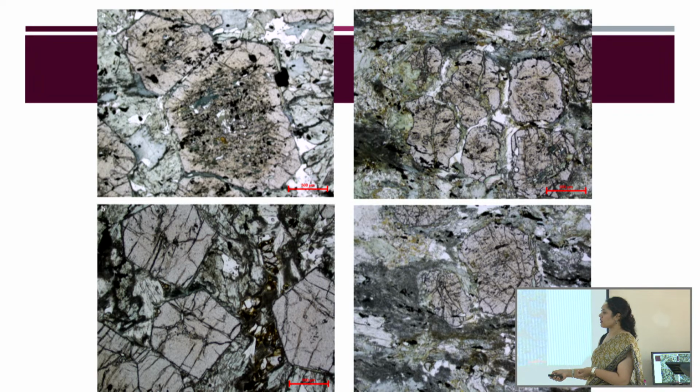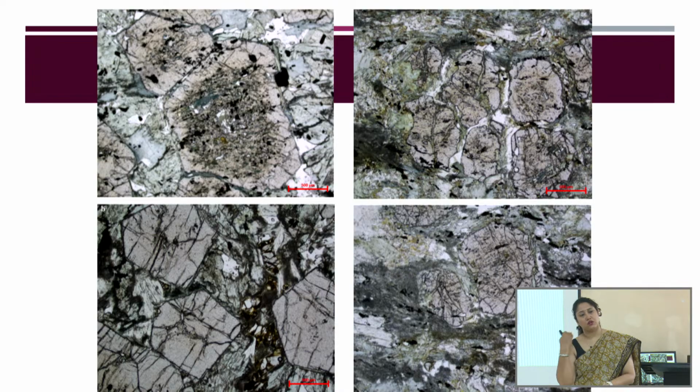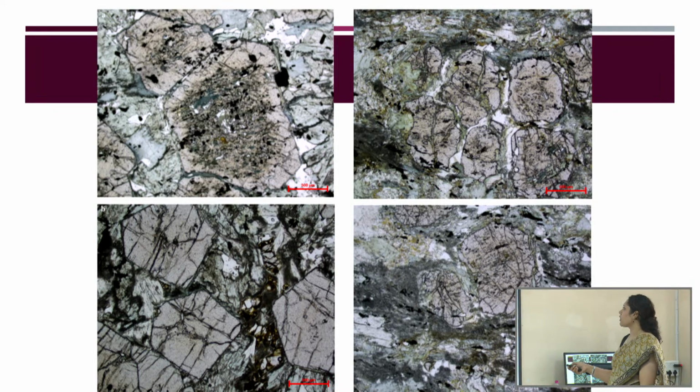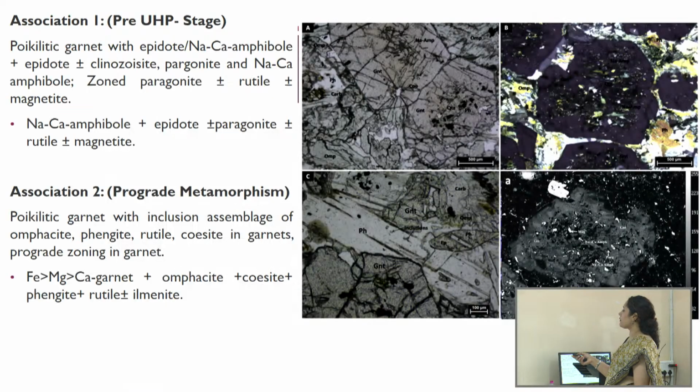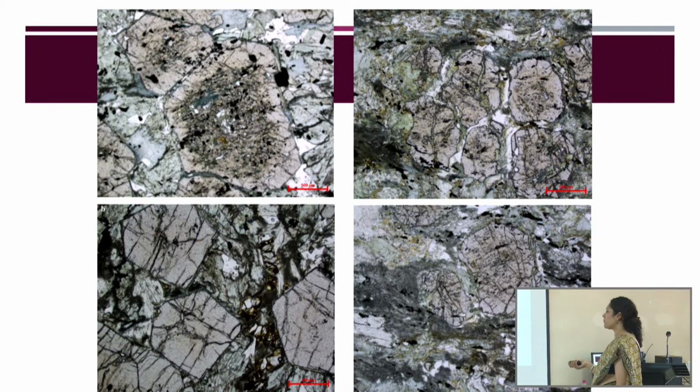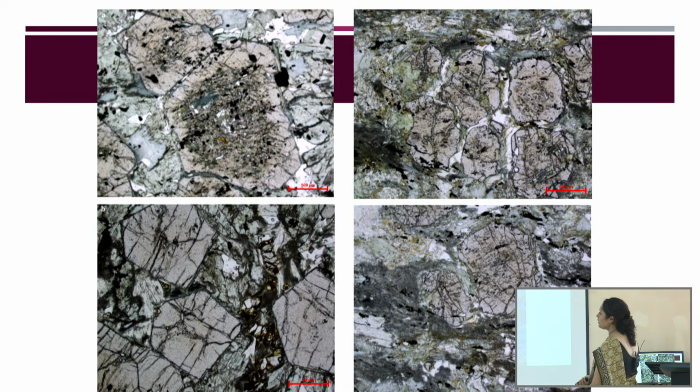You can see they are characterized by the typical radial cracks, and those are nothing but expansion cracks, because during exhumation the volume increases, so it cracks the host mineral. Okay, these are of course garnets which have got retrograded to chlorite along cracks, and they are more rounded, and they are not as idioblastic as the UHP signatures.